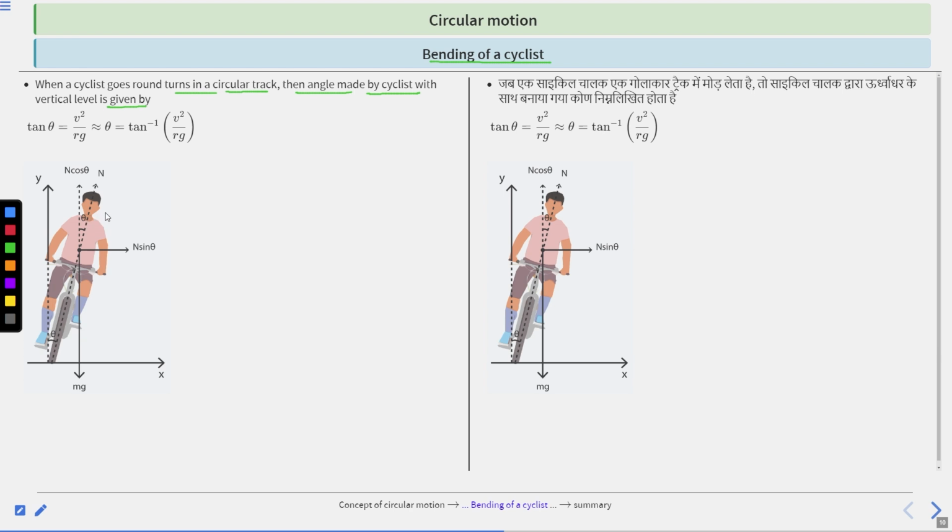Clear? So a cyclist goes round turns like this, weight mg acts vertically downward, and the normal N has components N sin theta and N cos theta. Clear? So this is the bending of a cyclist.